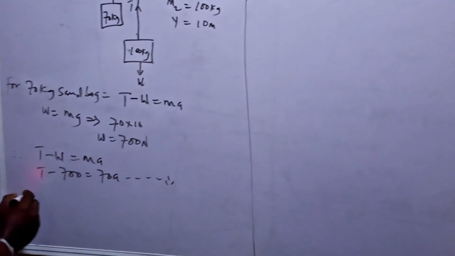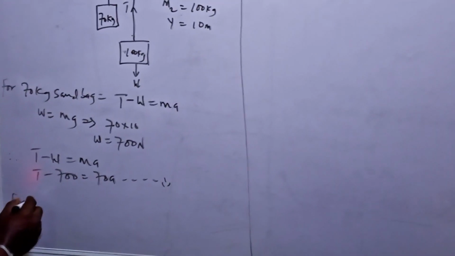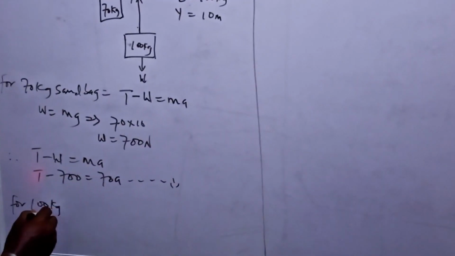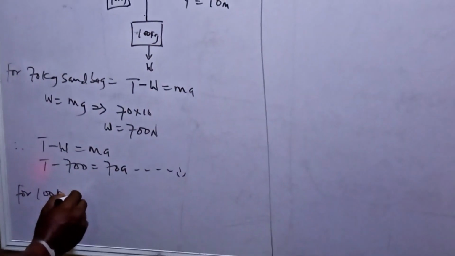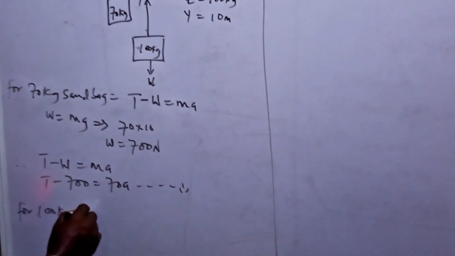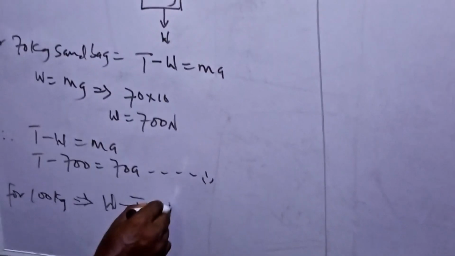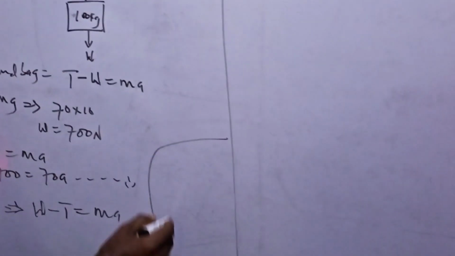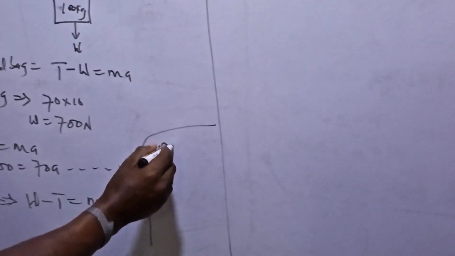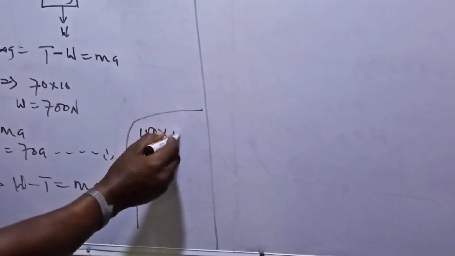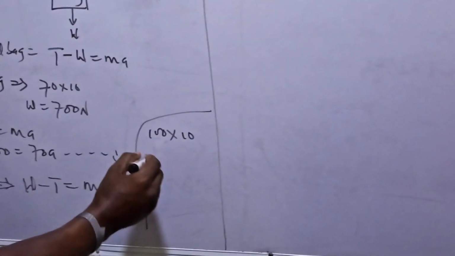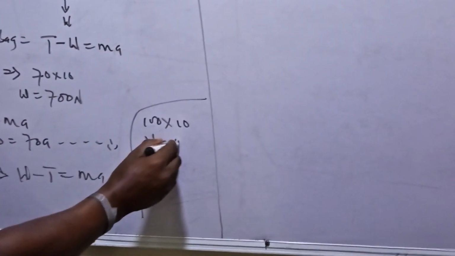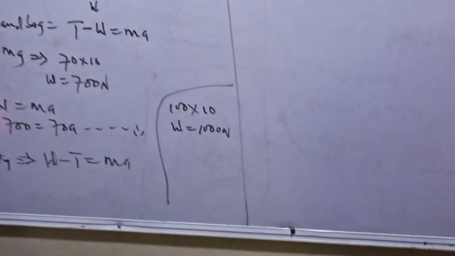We also have here for the 100 kg weight, that the weight minus tension equals MA. For the weight here, we have 100 multiplied by 10, which is equal to 1000 Newton.